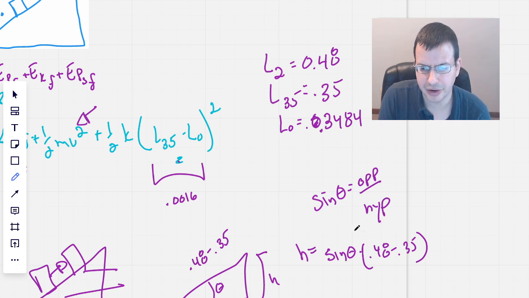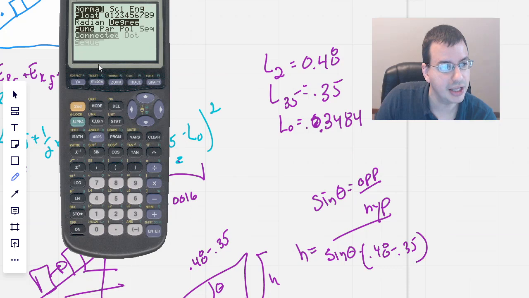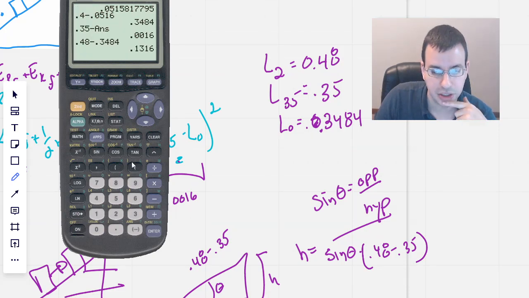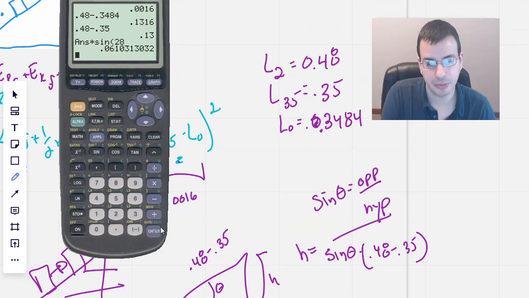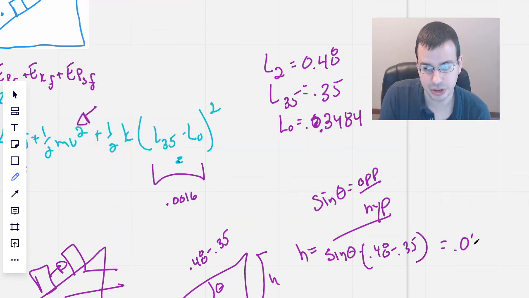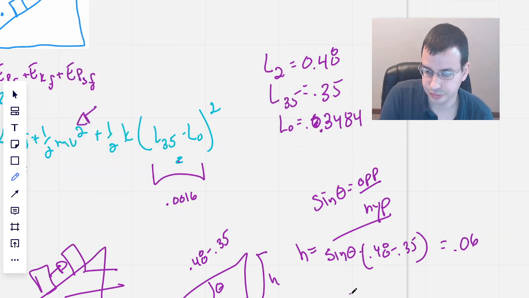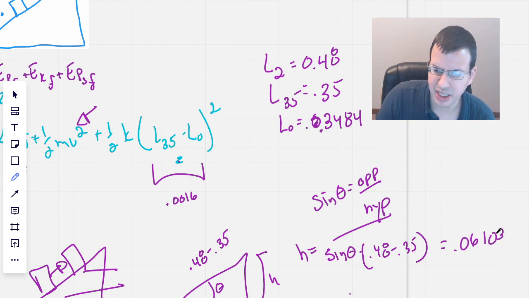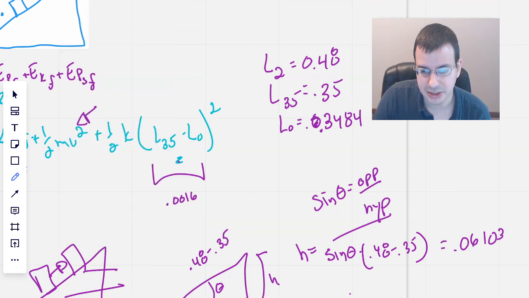This problem is more involved than I had originally intended. So we are already in degrees, which is good. So we'll do 0.48 minus 0.35 times sine of 28, which is 0.06103. That's not a lot, but it seems okay.